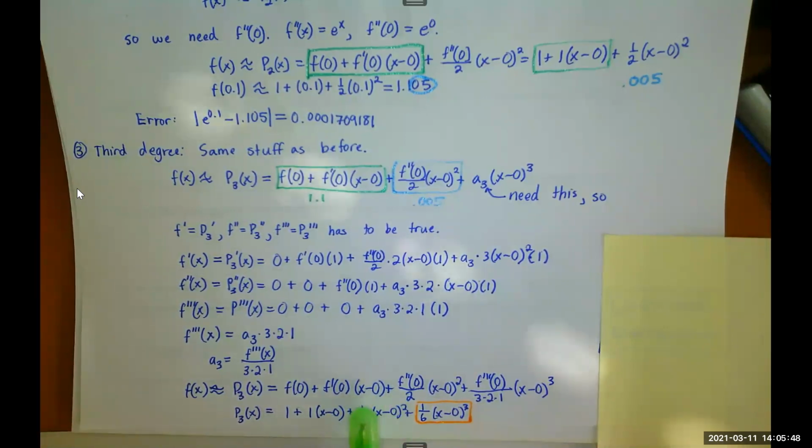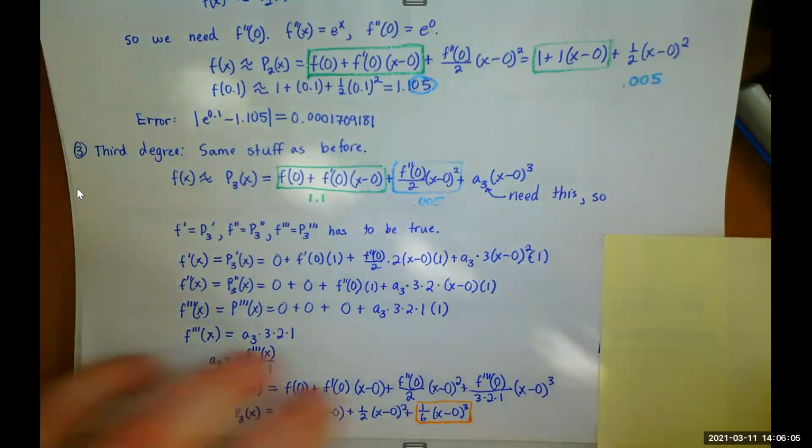That was the part we added when we changed it to a quadratic, plus our new part, 1 divided by 6, 3 times 2 times 1 is 6, last time I checked. F triple prime of 0 is 1 because it's again e to the power of 0.